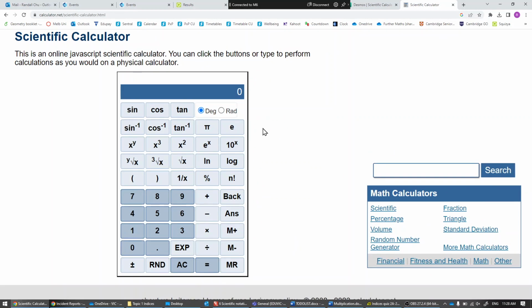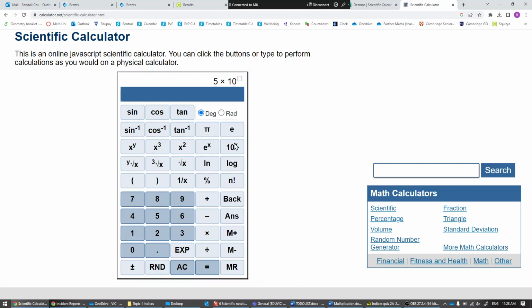Okay, this is a very primitive one, but watch this. 5 times 10, and then you can specify the number you want up the top. Oh, sorry. Yeah, it needs to be an integer.